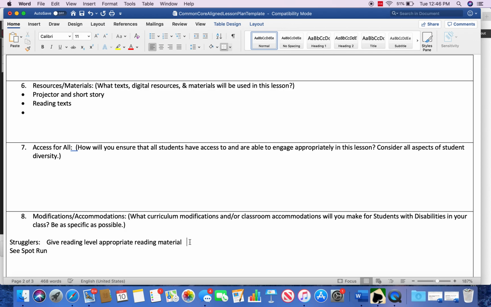And then you've got your on grade level. And you can figure out a way you can divide this and make it go straight down, which might be easier. Let me do that. So this is the on grade level, and how will I accommodate them?